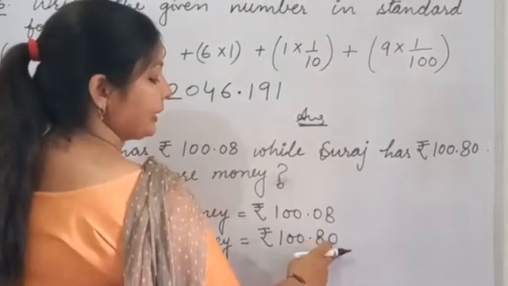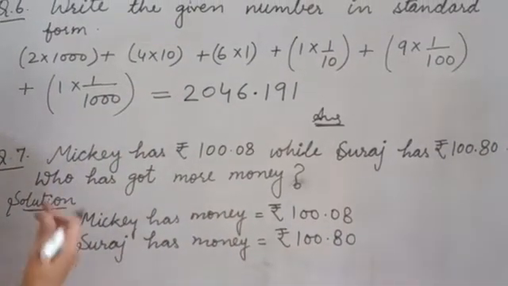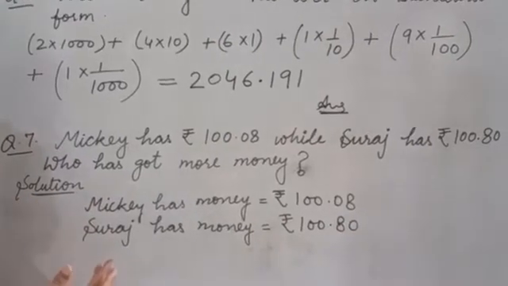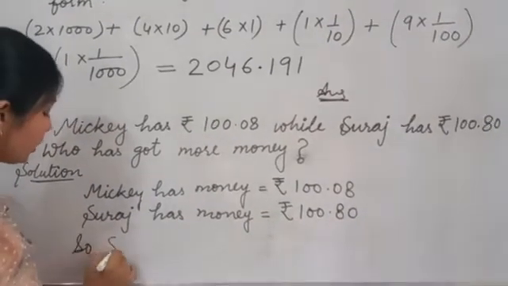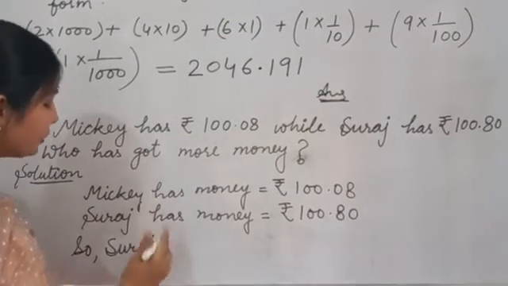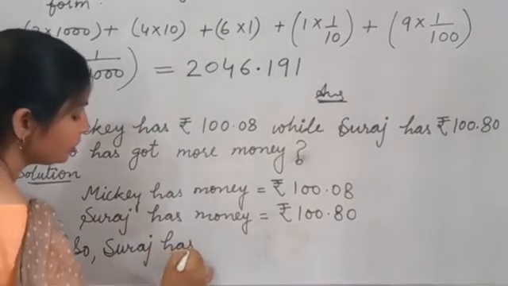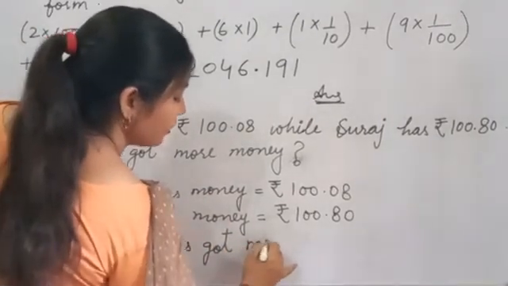So which is big? 8 is big. That means who has more money? Suraj has more money. So we write here, Suraj has got more money.